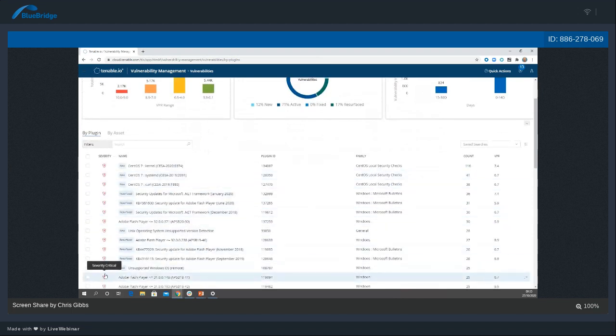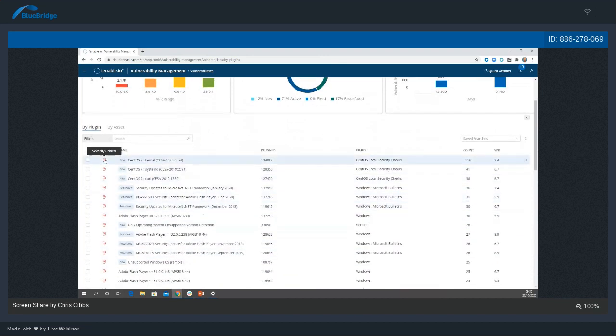This is a CVSS severity. We also have a VPR severity. And we can see that a lot of the CVSS critical vulnerabilities don't really have critical VPR scores. They're medium, they're high. So you don't necessarily need to pay attention to those today. They can be dealt with at a later stage.